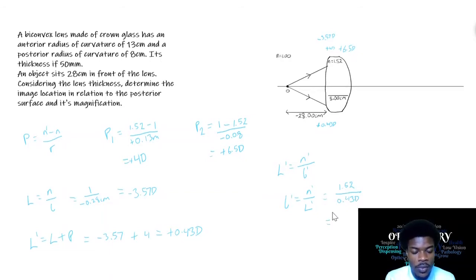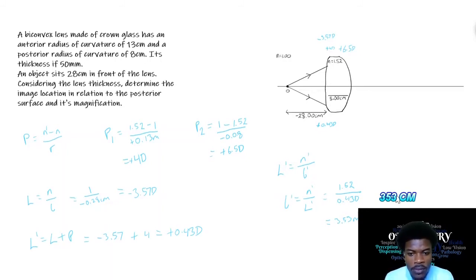And when we plug that in, 1.52 over 0.43, we will get 3.53. This will be in meters, and this in centimeters is actually 353 centimeters. And guys, now we're going to go into what the posterior surface will give us.